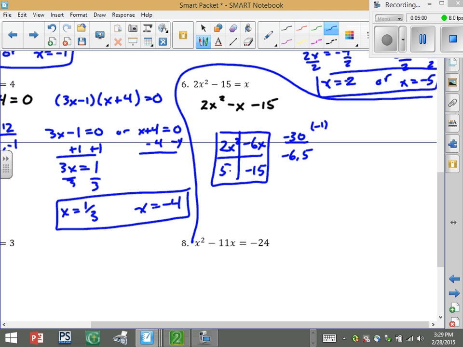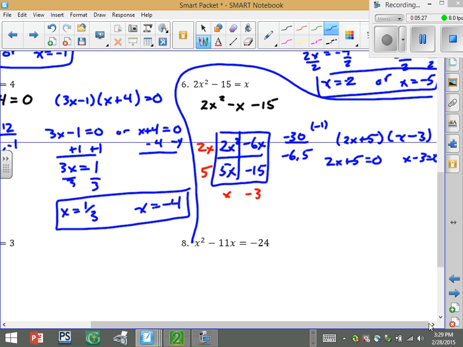So we have minus 6x, 5x, pull out my common factor, so I got a 2x that I can pull there, a 5 here, an x here, and it looks like I can pull a negative 3 out of those two. So my two factors here that I'm going to start working with, 2x plus 5, and x minus 3, and just set both of them equal to 0 and solve. 2x plus 5 equals 0, x minus 3 equals 0.